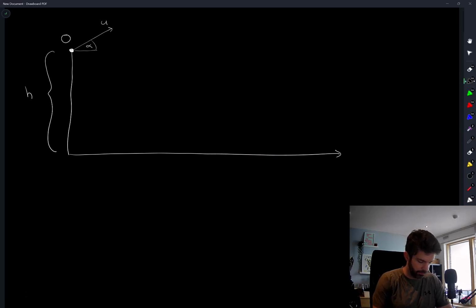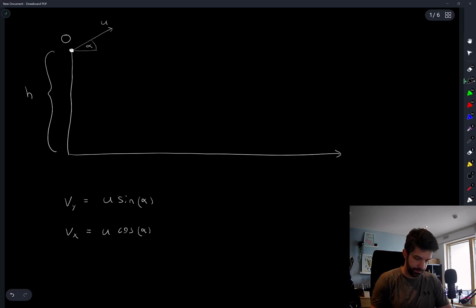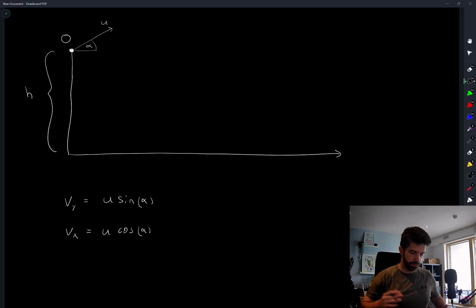So Vy is equal to u sine alpha, and Vx is equal to u cosine alpha. This is the vertical and horizontal component of the initial velocity.